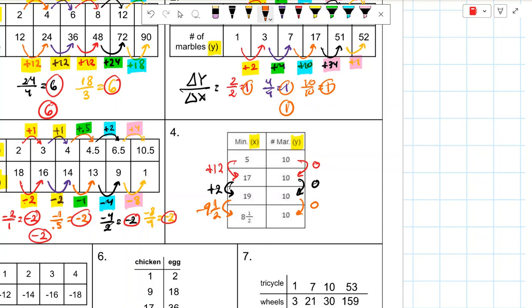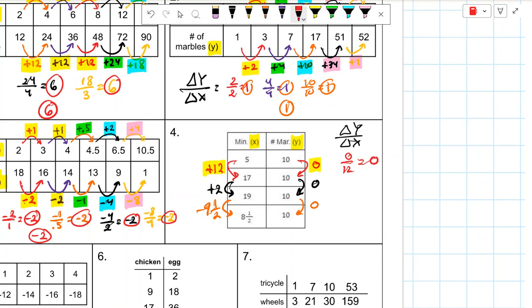And all we have to do is remember to do our delta y divided by our delta x, and that's the change in y over the change in x. So let's start with our red ones here. Our change in y is 0, and we're going to divide it by 12. So 0 divided by 12 is 0.